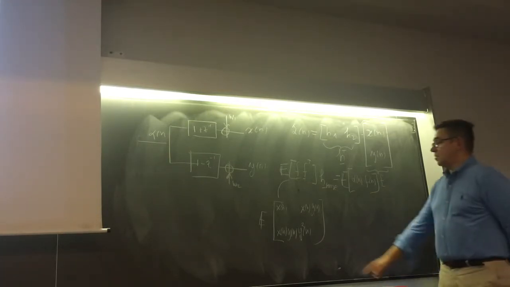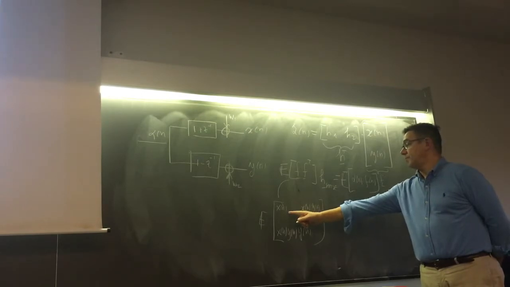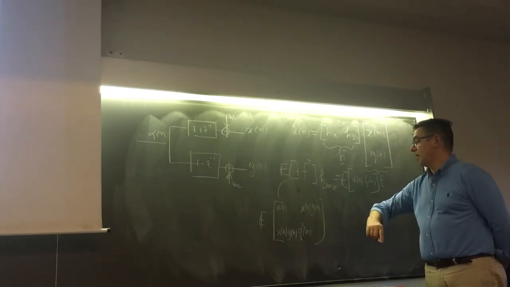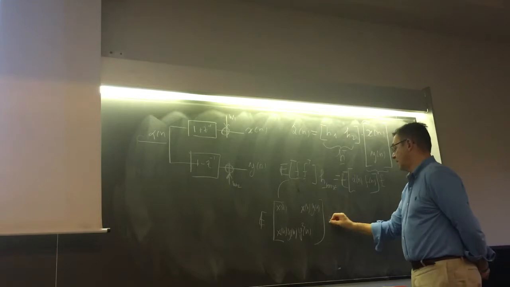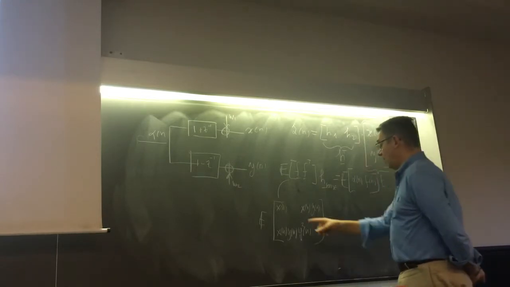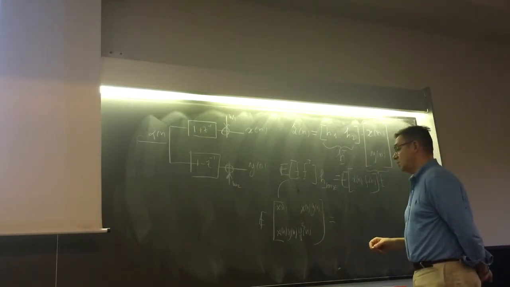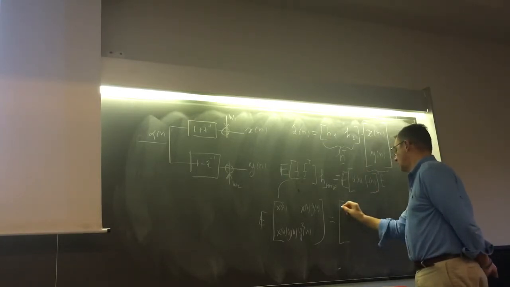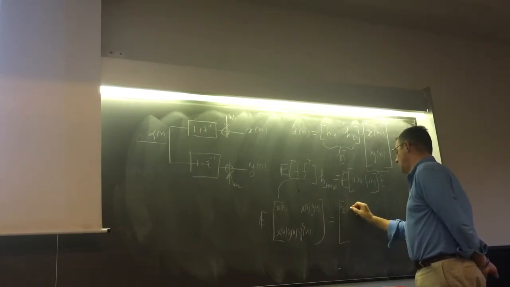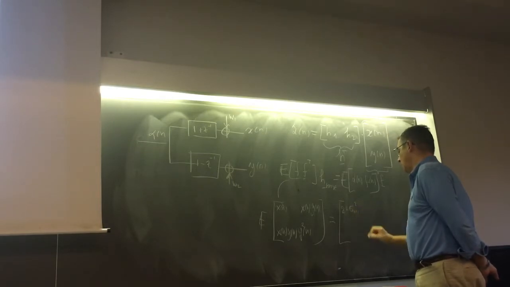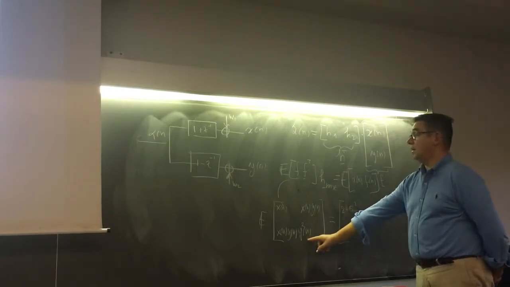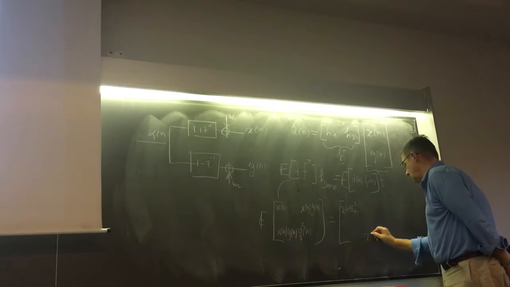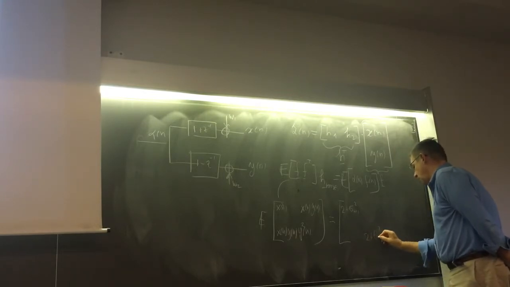So now, what is the power of xn? The power of xn is equal to 2 plus the power of w1, so that one is 2 plus sigma squared w1. And the power of y is 2 plus the power of w2.